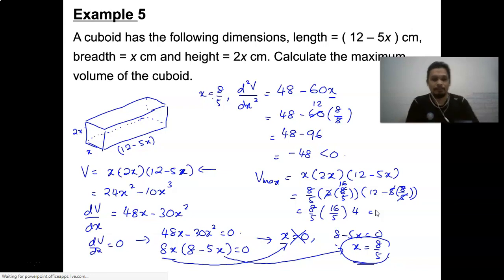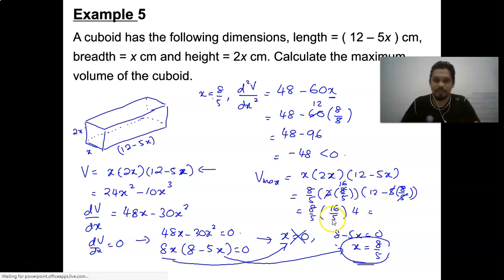So here now it is 8 divided by 5 multiplied with 16 over 5 and multiplied with 4.